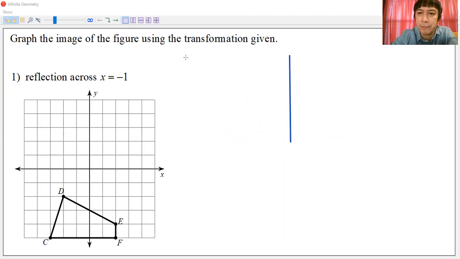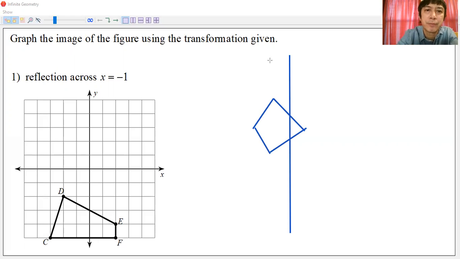Okay, from the line of reflection, consider a drawing which is on the line of reflection like this, like that. Okay. How about the output of this?